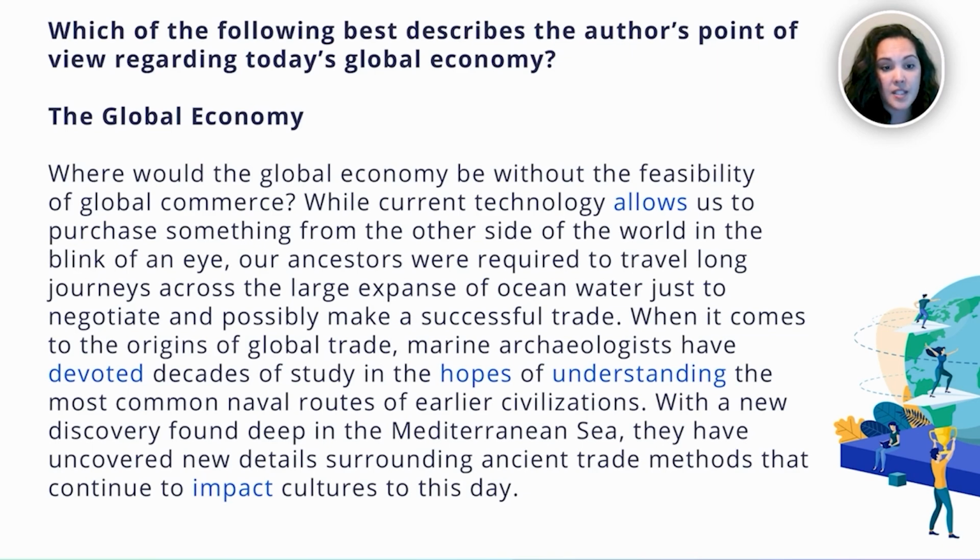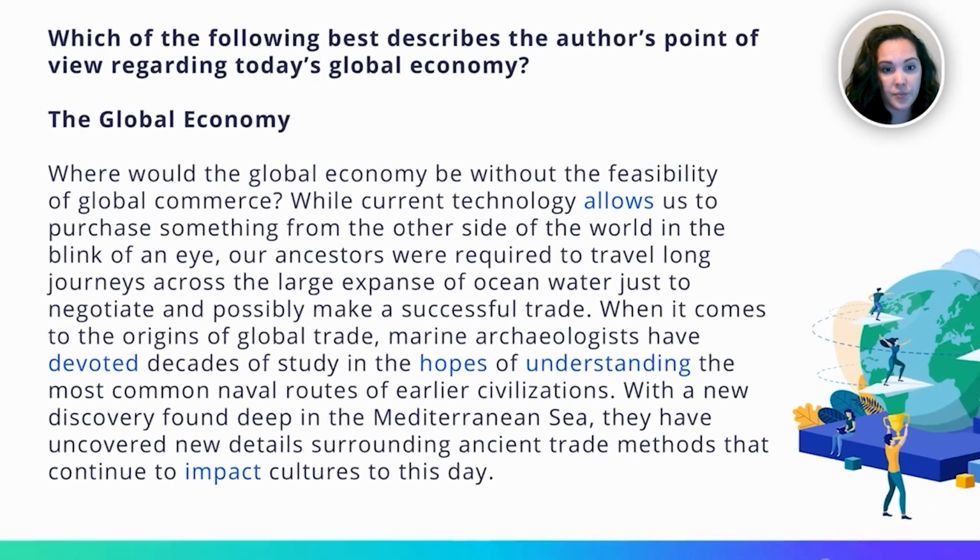Here, I've picked out the words that stand out to me, and these words help convey the author's tone. Overall, I think that the author is passionate about this topic and understands that the past influences the future. So let's go ahead and take a look at the multiple choice and see if we can find an answer choice that matches that idea about being super passionate and how the past influences the future.